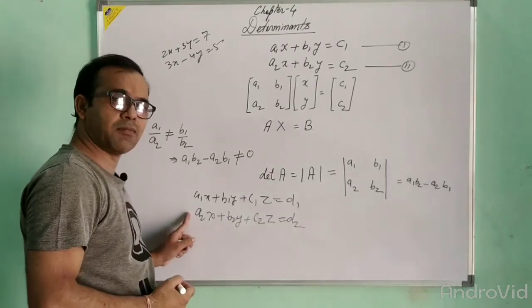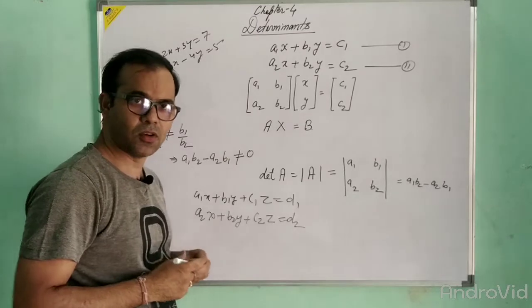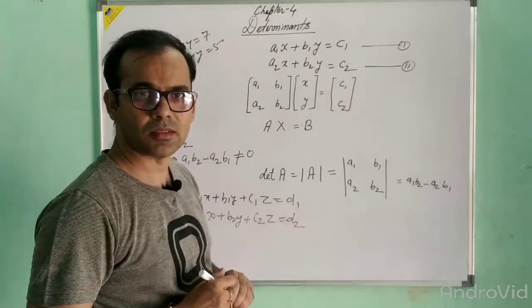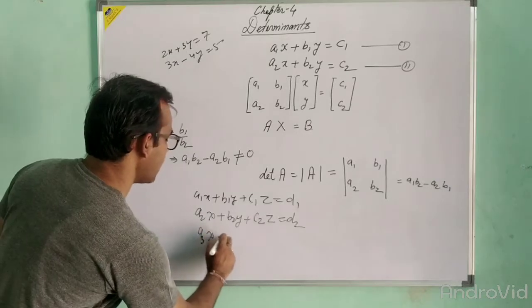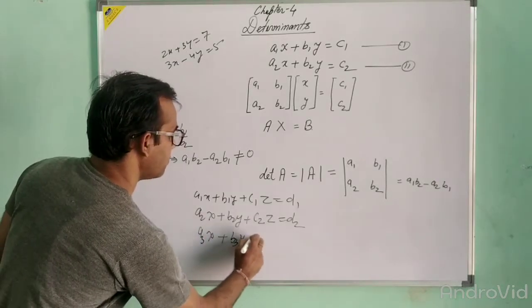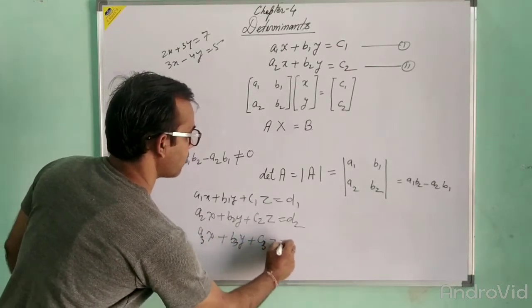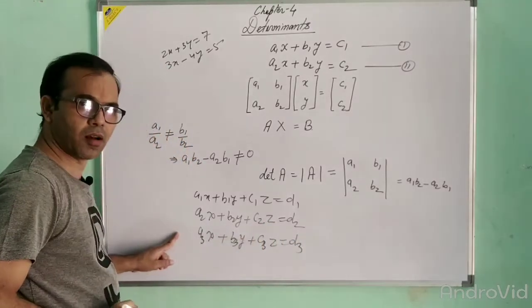These two equations are there, but the variables are 3, so we cannot solve them. We need a third equation, suppose a3x plus b3y plus c3z equal to d3. Now it can be solved.